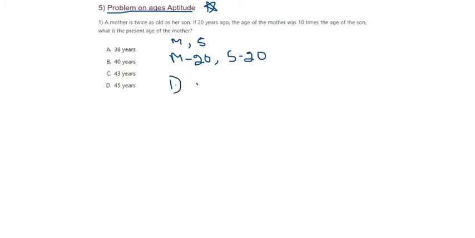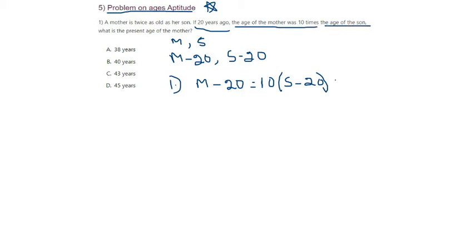Mother minus 20, which is 20 years ago, is equal to 10 times the age of the son, S minus 20 years ago at that time. This uses the second part of our question: 20 years ago the age of the mother was 10 times the age of the son.